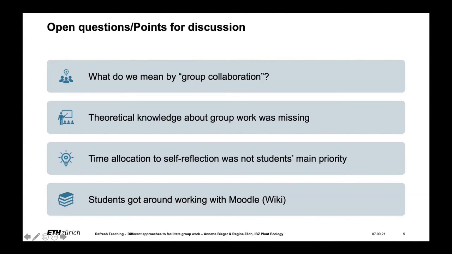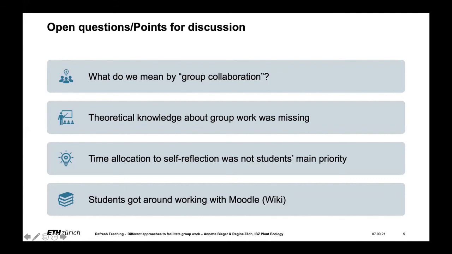Some of them were saying, oh yeah, one took over the lead because she's really good at it, and the other ones did the research, and then we met 3 times and it was done. So maybe it's a good sign. We were a bit disappointed because we felt there's not enough reflection. So for next time, we thought we either do it more thoroughly with a questionnaire or so, to really get more information from the students.